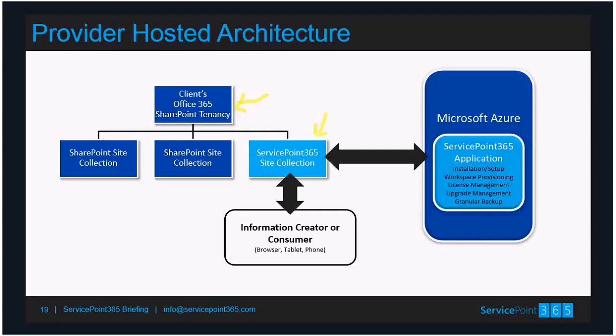But on the back end, we actually have a code base that's running in Azure that gives us an architecture. So not only does this come into play whenever it's initially installed, but if there are any updates or enhancements or new capabilities added, we can automatically push those out to all client tenancies. So we have a deployment architecture that's set up for that.